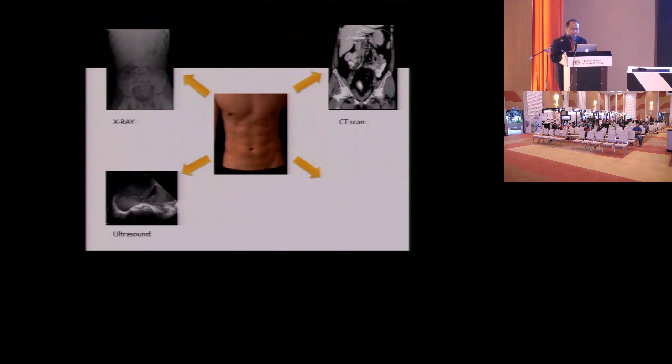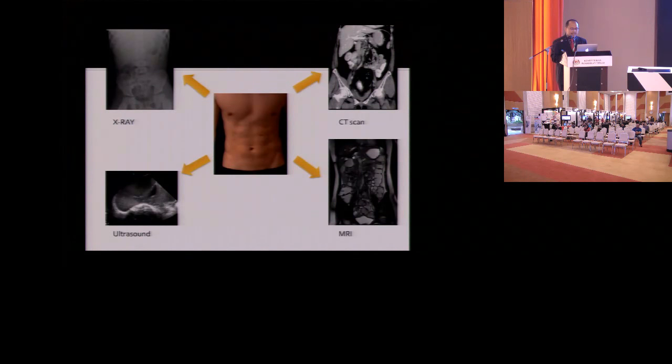If there is any abnormality, then you will see it. And last is MRI. MRI also will give you information similar to CT scan, or sometimes maybe more than CT scan. But the advantage of MRI and ultrasound is that it is not ionizing radiation, so it is not harmful to the patient.